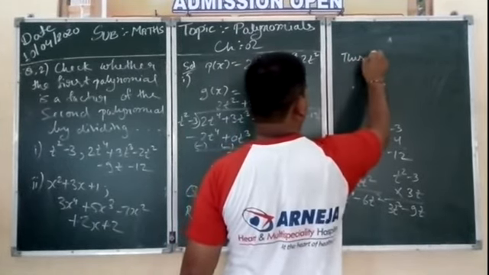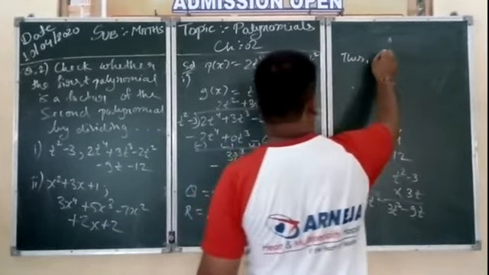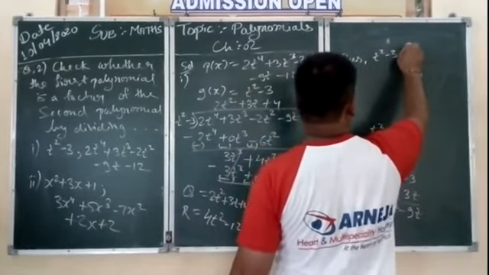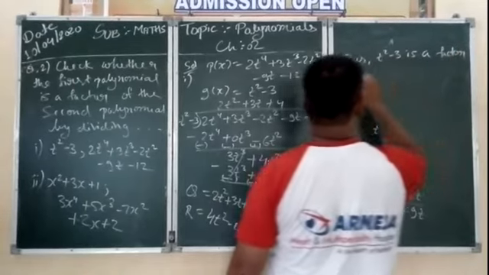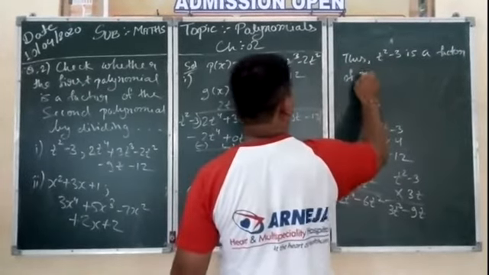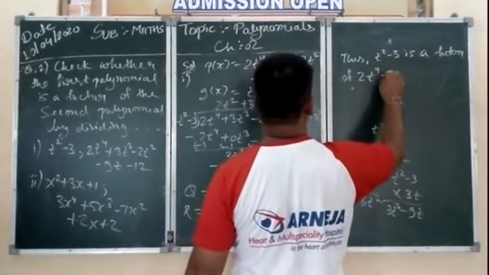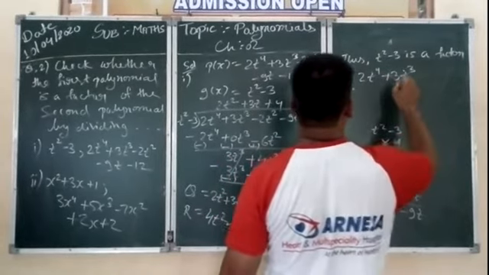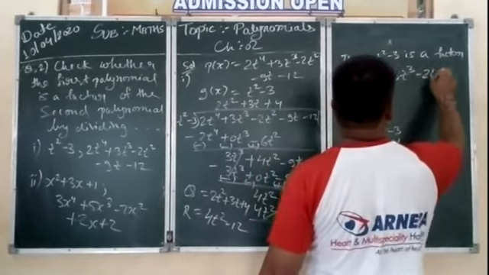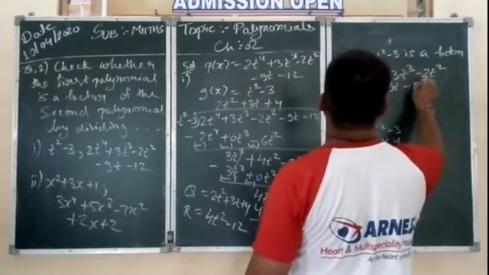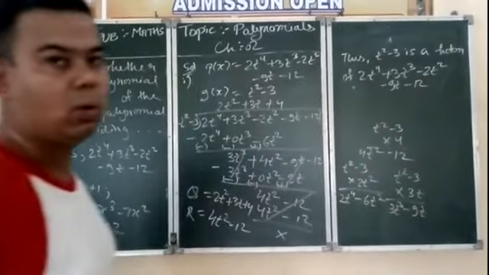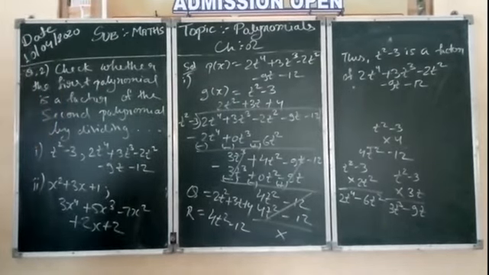Thus t square minus 3 is a factor of 2t raised to the power 4 plus 3t cube minus 2t square minus 9t minus 12.